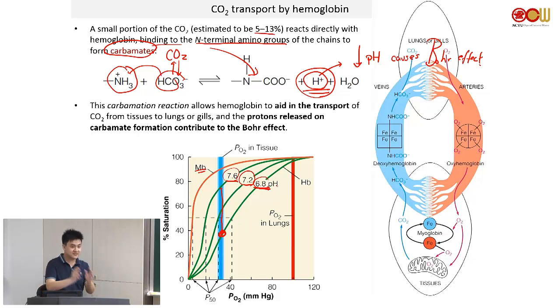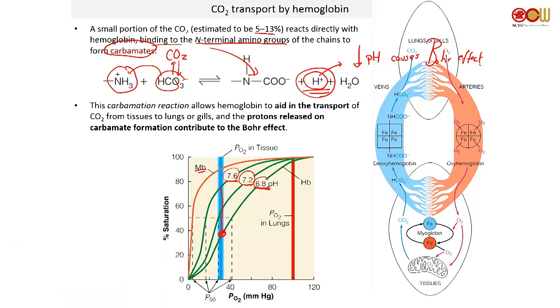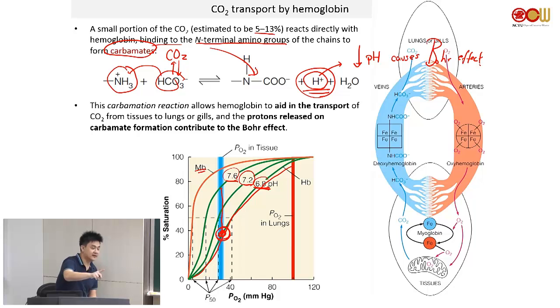If the T state is preferred, then your O2 binding graph will look like that, because here the T state is preferred. Remember, T state does not like to bind O2. R state likes. So this is how CO2 and proton can affect your hemoglobin.